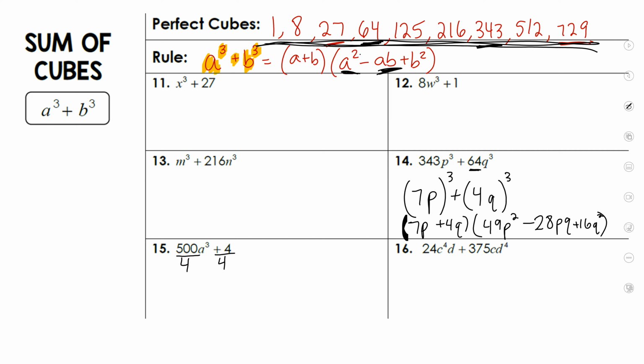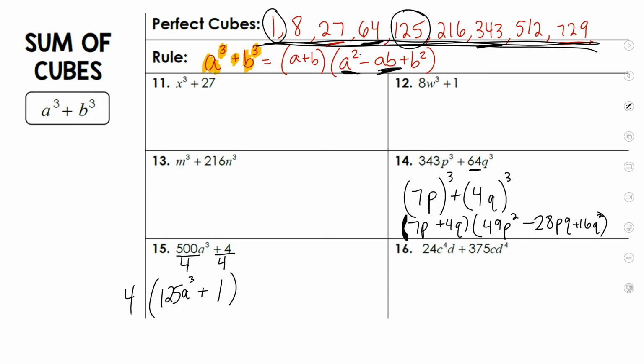Okay, so if I divide it by 4, it'll become a 1. And what's 500 divided by 4? 125. Oh, these numbers are both up here. You see that? This one's 125, and I have a 1 up here. That's my goal. I need perfect cubes. And then let's write the little a cube there, and then the 4 goes on the outside. Okay, so we factored out the greatest common factor.